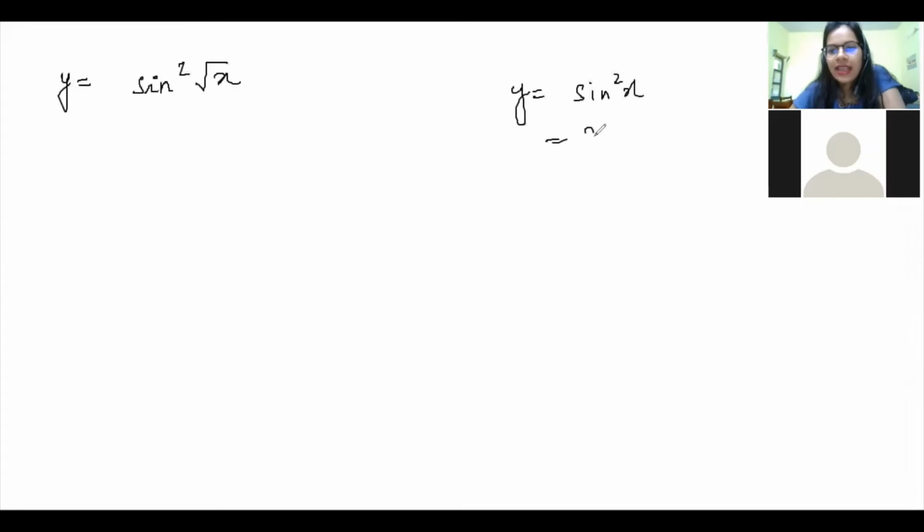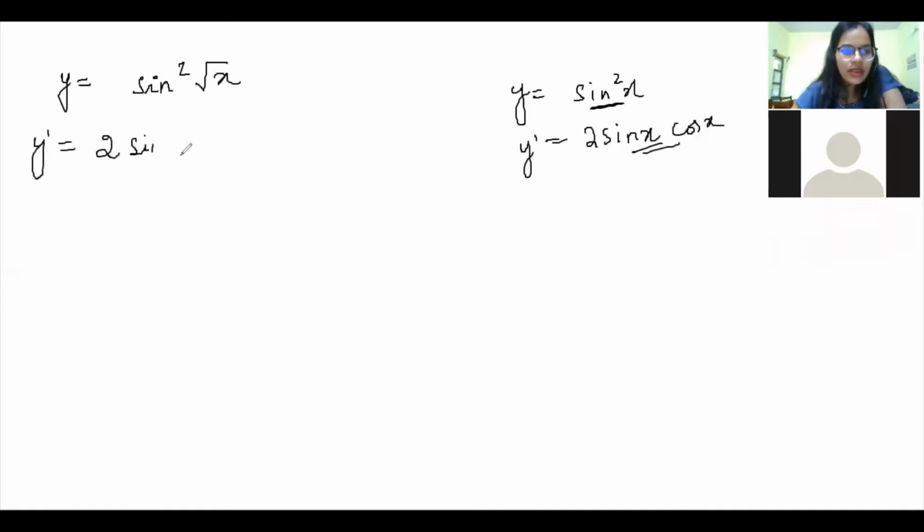See, the question was y is equal to sine square root x, right? Okay. So this we know that y is equal to sine square x similar. So we write as 2 sine x and then sine differentiation is cos x, correct? So we get this answer. Now, if suppose I'm doing this, so here also I'll have 2 sine root x, then differentiation of sine x, that is cos root x, then the differentiation of root x, which is 1 by 2 root x.